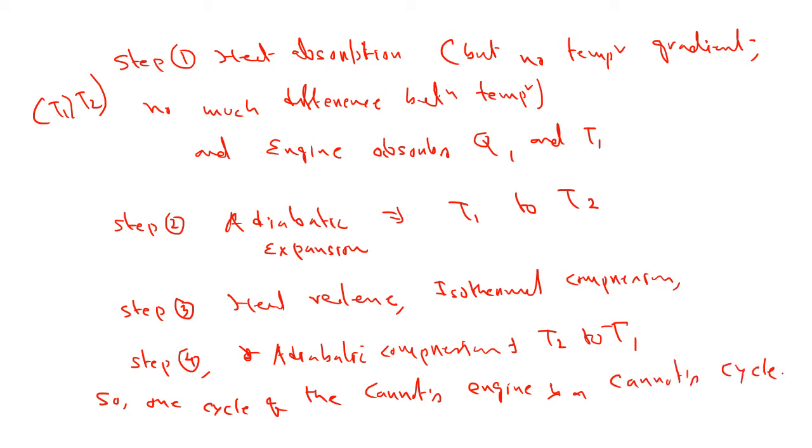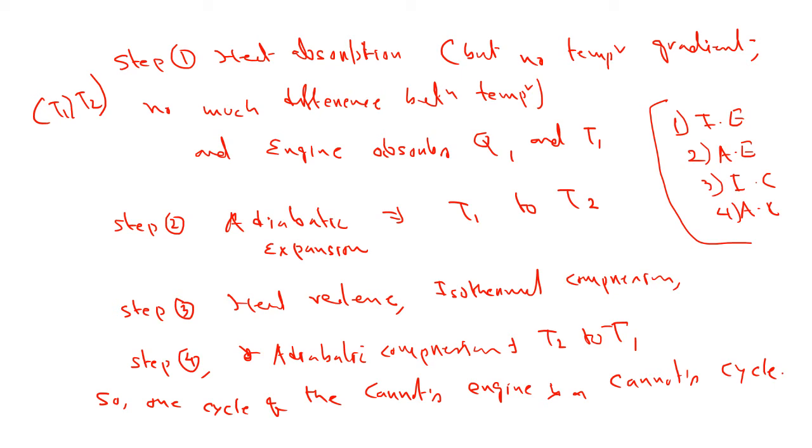First is isothermal expansion, the second is adiabatic expansion, the third is isothermal compression, the fourth is adiabatic compression. All these four together in one cycle, we can say this is the Carnot cycle.